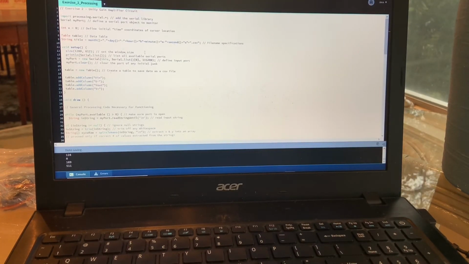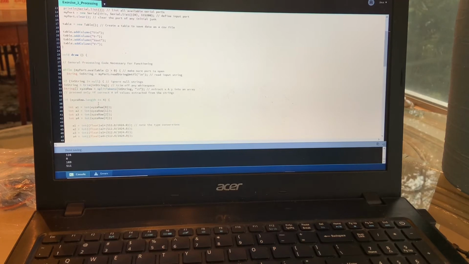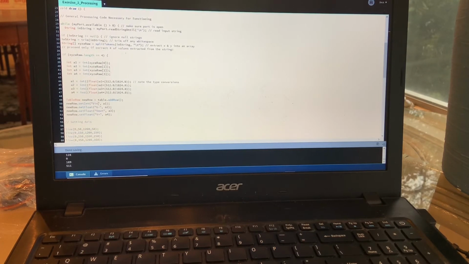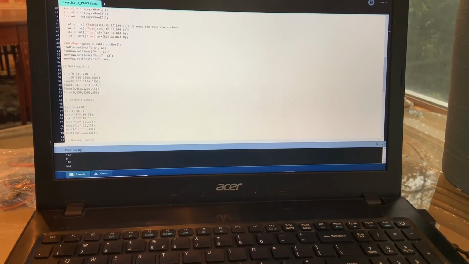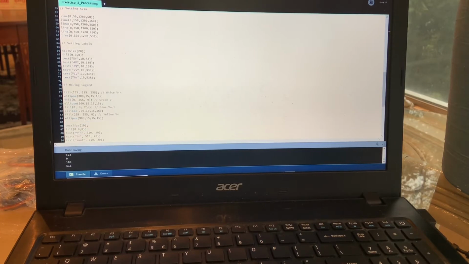And real quick, I know I didn't have to do this, but I'm going to dissect the processing code just a little bit here. This is all just stuff that has to be in the processing code from Lab 5. The only things I changed were the lines set here for the axes and the table values for V in, V minus, V out, and V plus. And then our labels are the same, 0, 1, 2, 3, 4, 5, respectively.